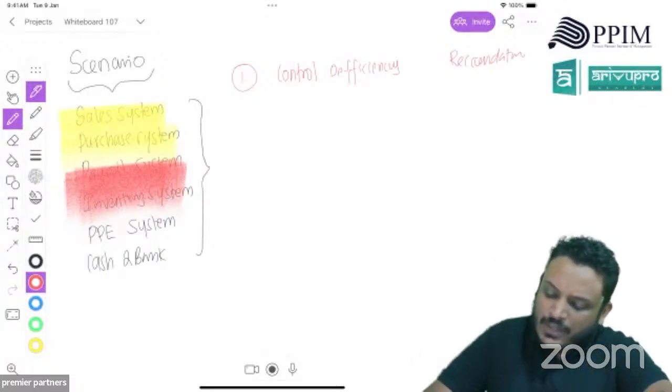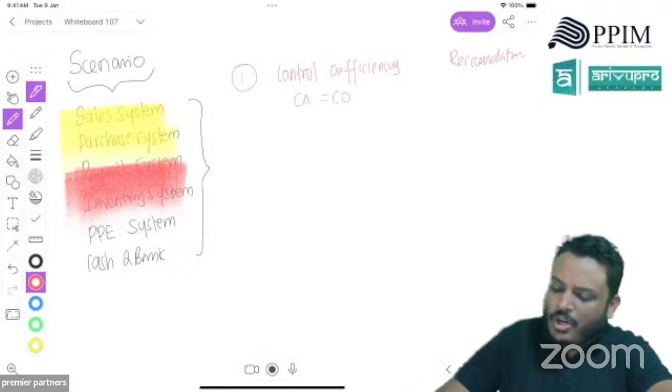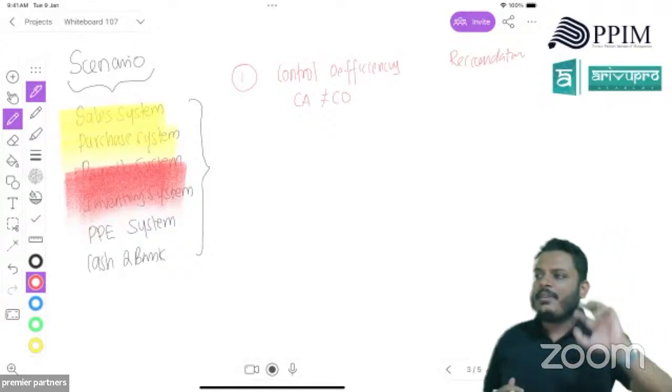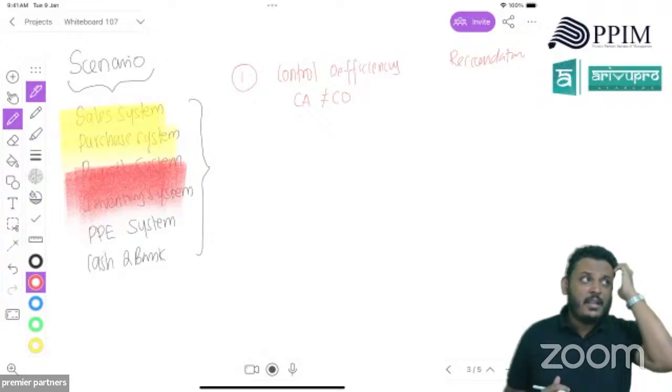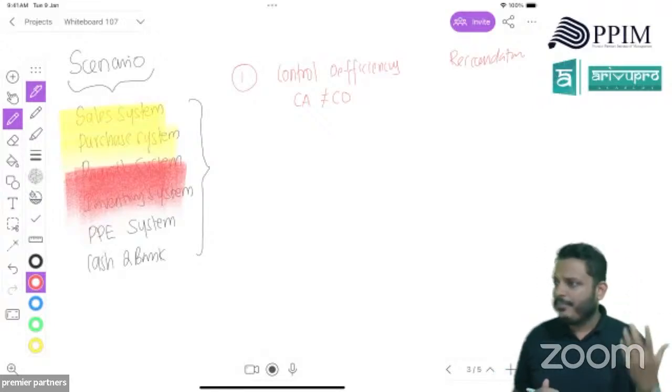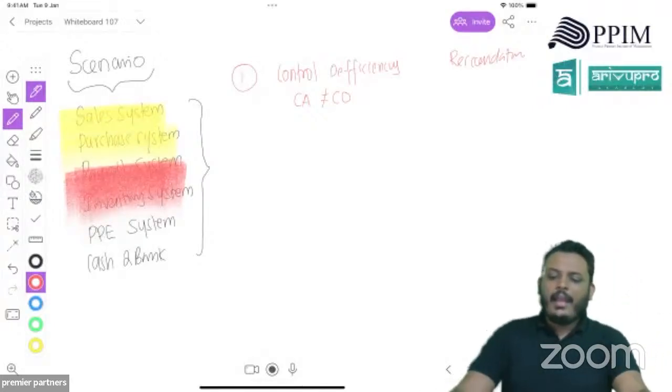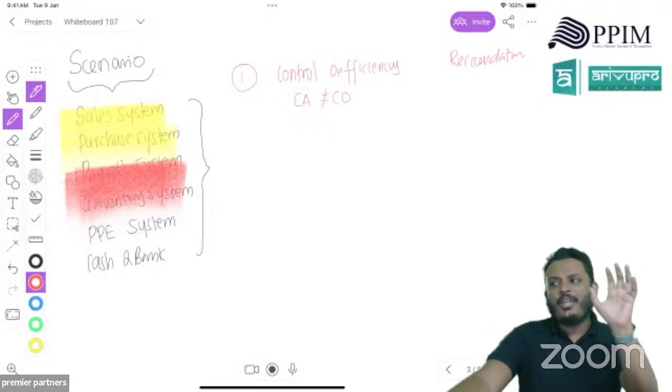Control deficiency means, students, where the control activity does not meet the control objective. We have a control activity, right? Let's say a control activity in this class could be CCTV, a physical control. And every control activity has a control objective also.